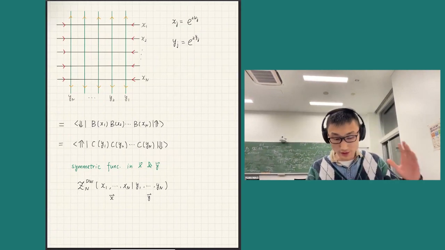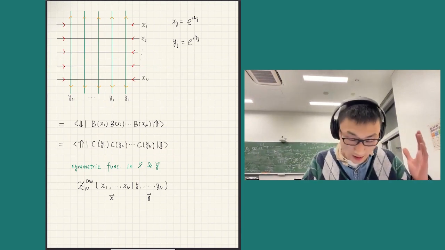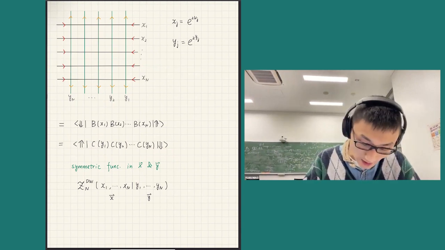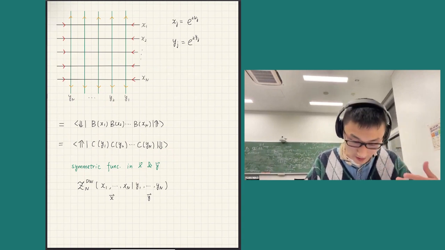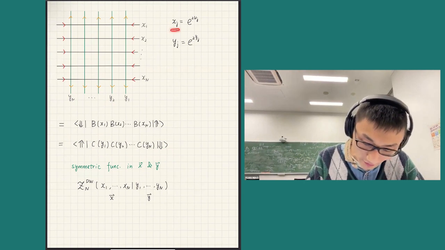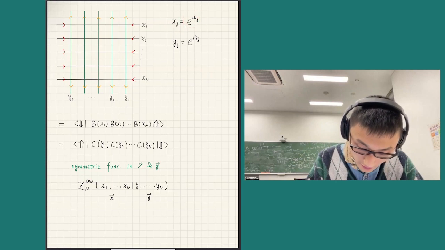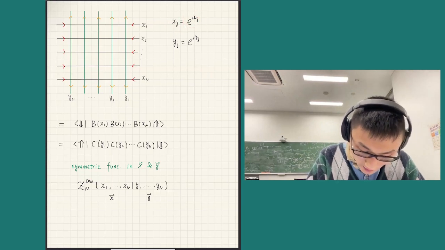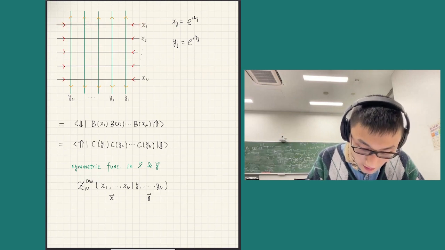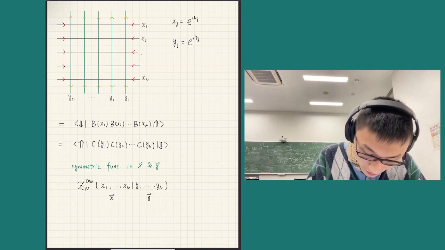And in order to continue, I also need to get a little bit technical, to explain how to calculate this partition function. So I need to define some variables such as xj, which is a so-called exponential of uj. For each of these horizontal lines, we put a spectral parameter u1 here.